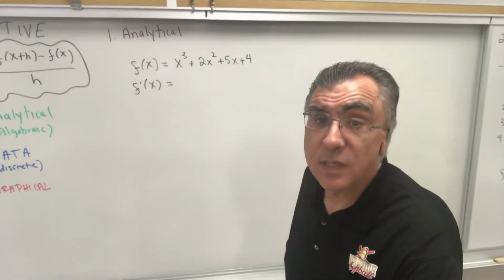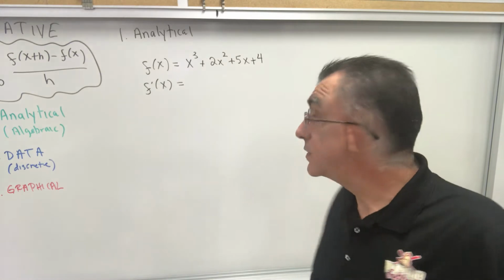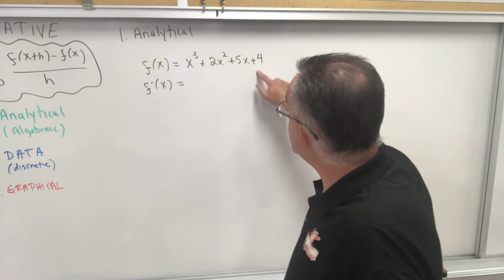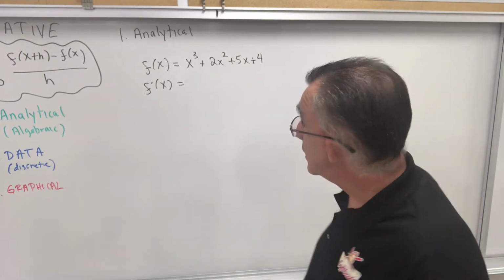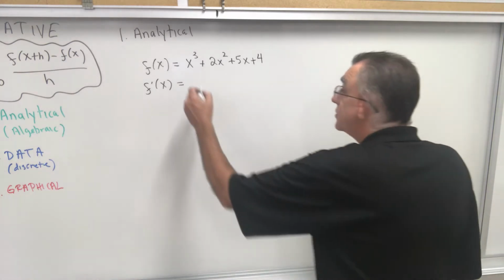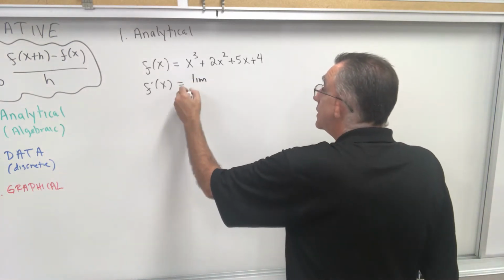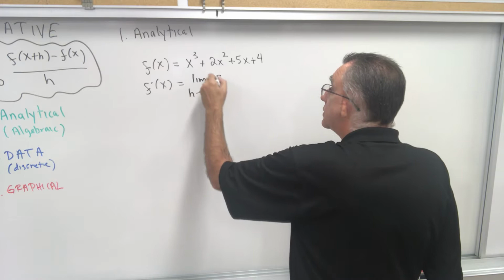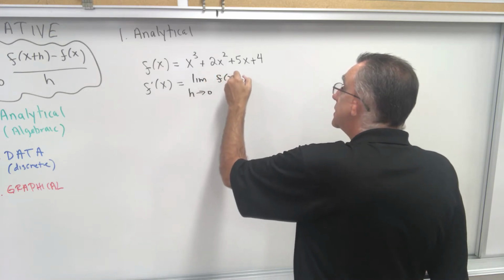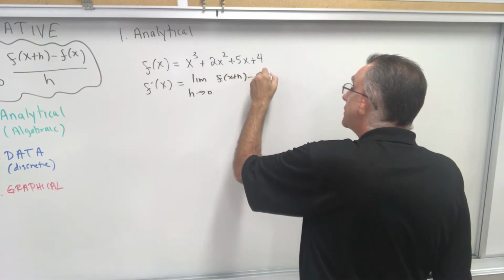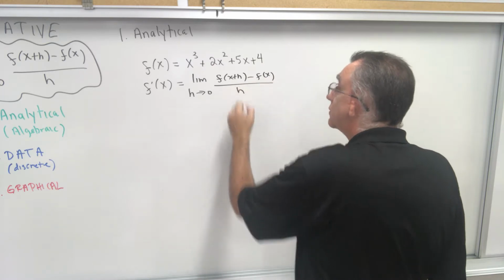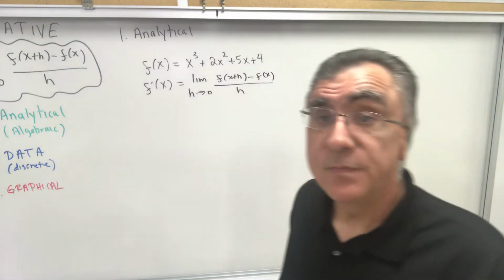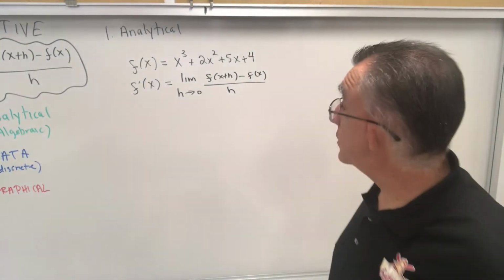We're going to talk about derivatives here. Suppose we have this function. What would the derivative be? Well, I know the definition: the limit as h goes to 0 of f of x plus h minus f of x, all over h. Then you just have to put that in.